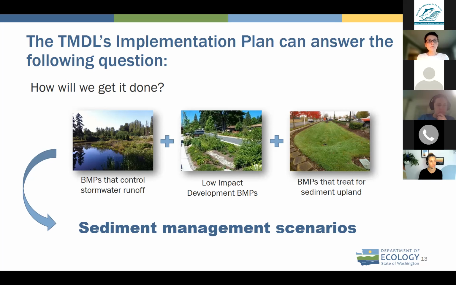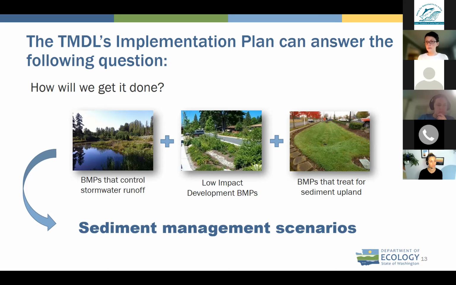For this TMDL, this scenario building exercise is not something that we will do on our own. I'm hoping that we can work with local jurisdictions to design some of these scenarios because we want them to be informative for planning purposes. We don't know what they look like at this point, but we know that they will not be prescriptive.